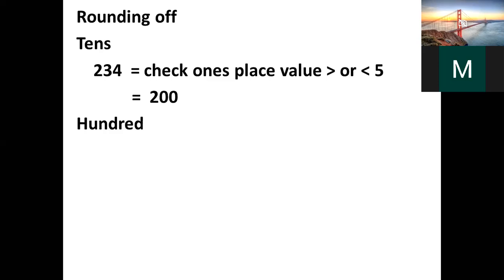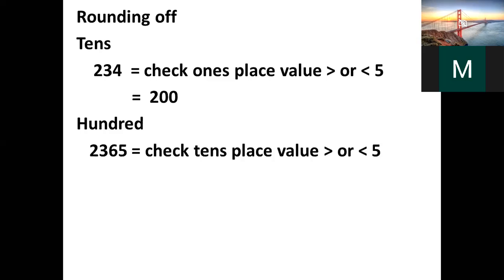Next one is 100. If you have to round to the nearest 100, you have to check the tens place value, whether it is greater than 5 or less than 5. Let us see the example 2365. The tens place value is 6.